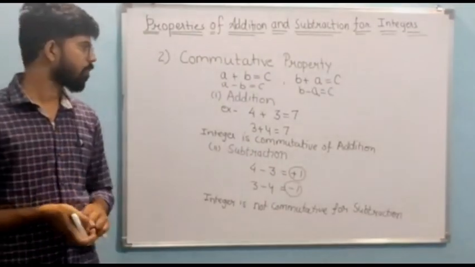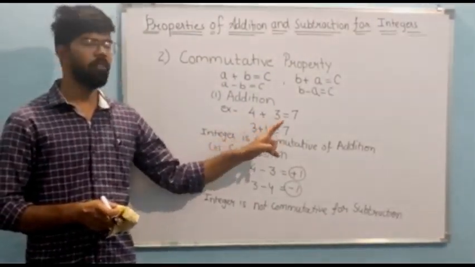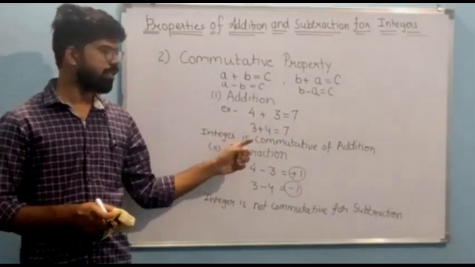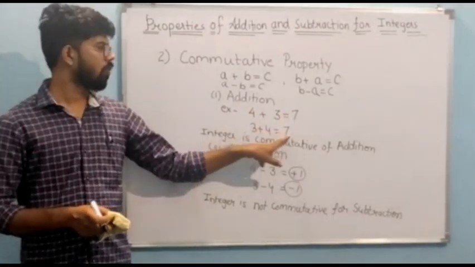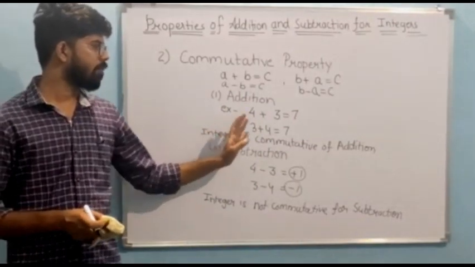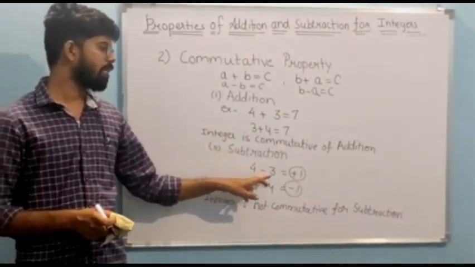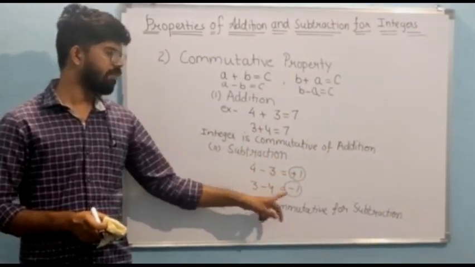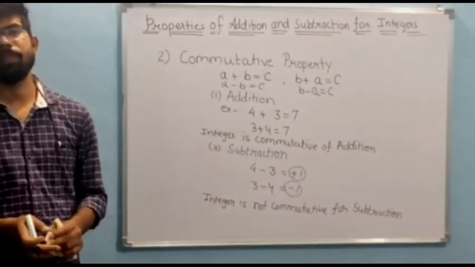In addition, we take 4 plus 3, which is equal to 7. Then we interchange, 3 plus 4, which is also equal to 7. So integers are commutative for addition. Now in subtraction, 4 minus 3 is equal to plus 1. When we interchange, we get minus 1. So integers are not commutative for subtraction.